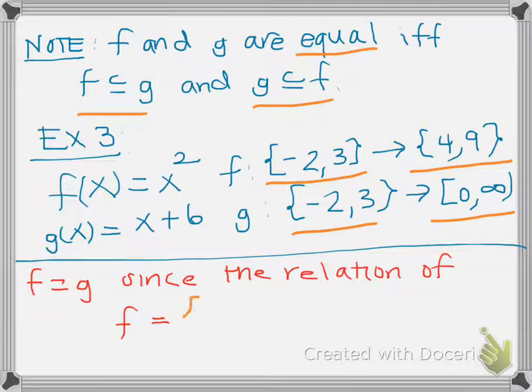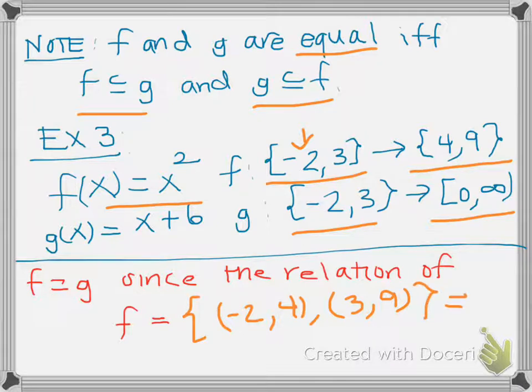And so the relation of F, meaning the ordered pairs that satisfy F, well, when x is negative 2, y is going to be 4. So that's the ordered pair negative 2, 4. And when x is 3, y is 9, right? Because this is our function x squared.